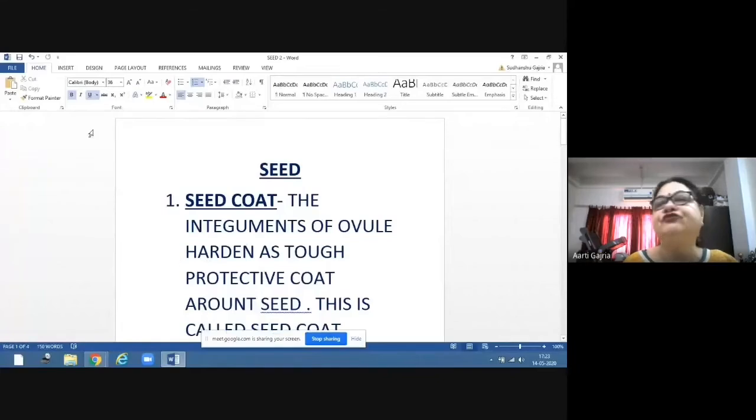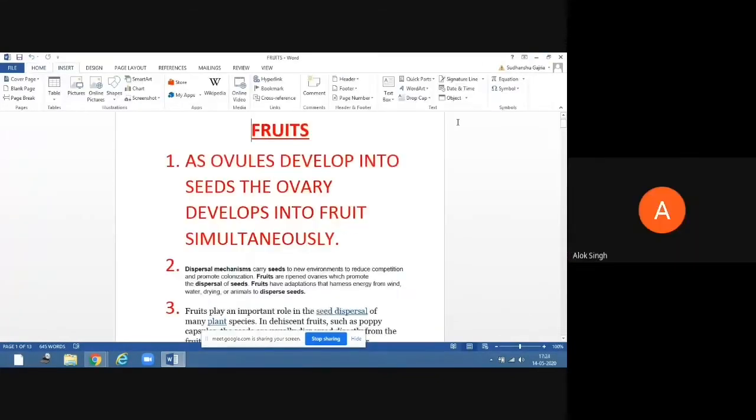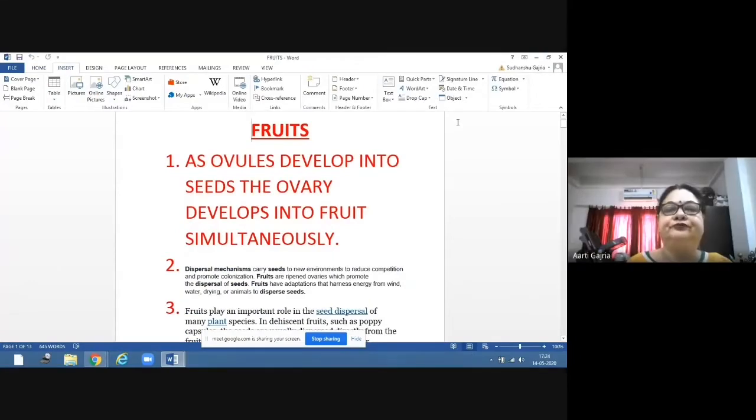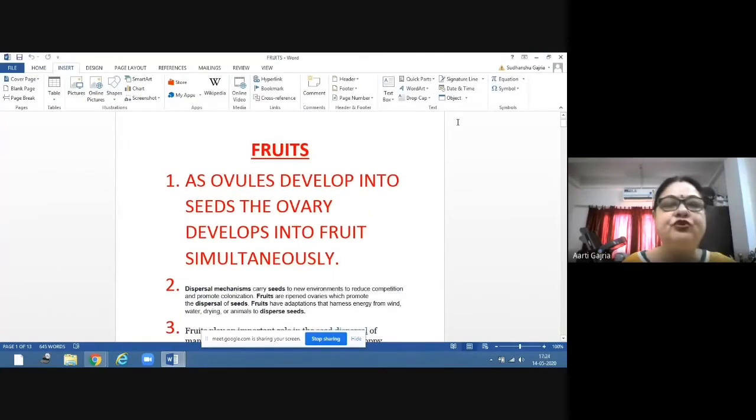Now we will move to fruits. What are fruits? Ovules develop into seeds and the ovary develops into fruit. So the ovary of the flower develops into fruit.